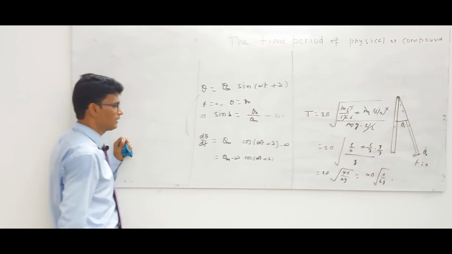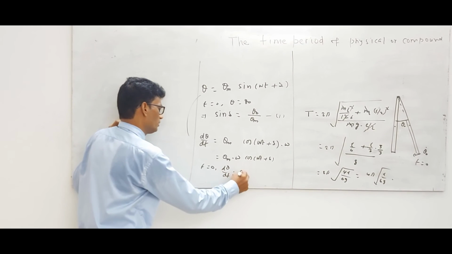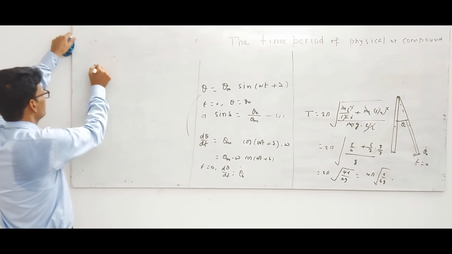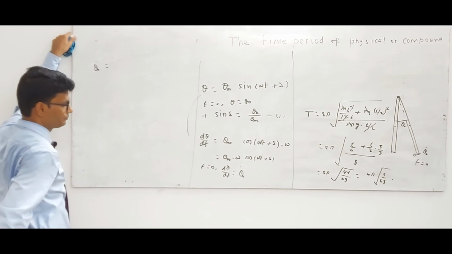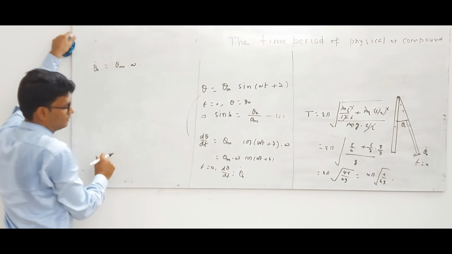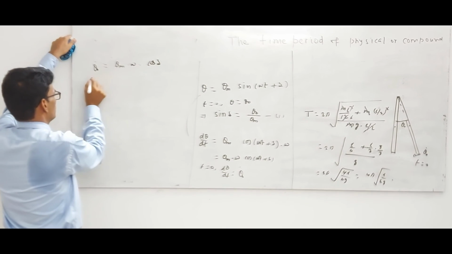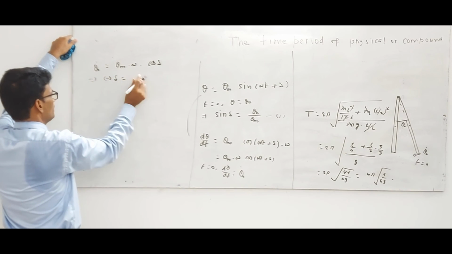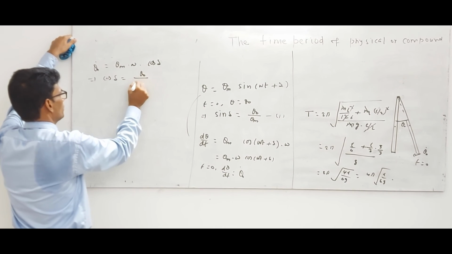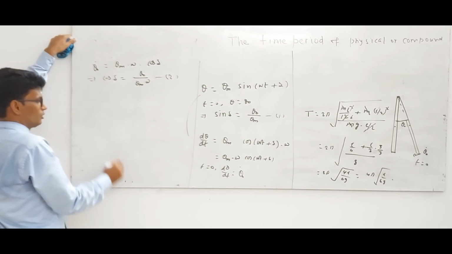Now again use the initial condition. At t equal to 0, d theta over dt comes out to be theta naught dot. So theta naught dot is equal to theta maximum omega, with t equal to 0, giving cos delta. This implies cos delta is equal to theta naught dot over theta maximum omega, call it equation 2.